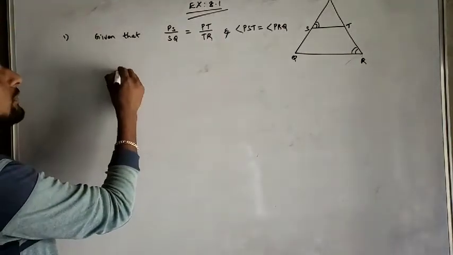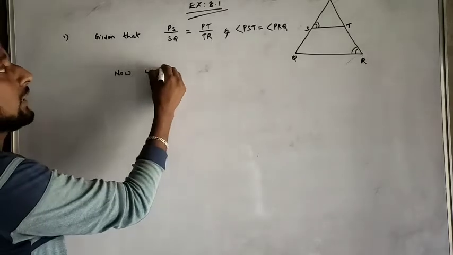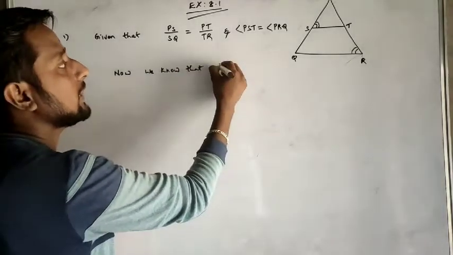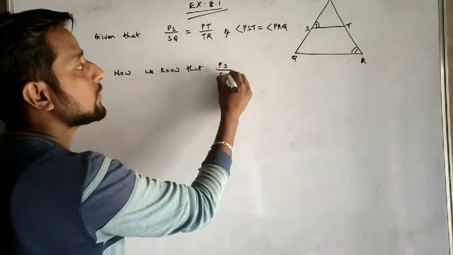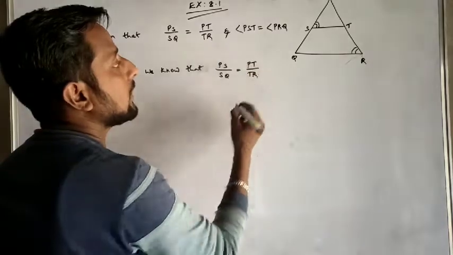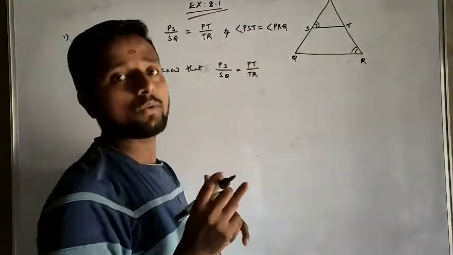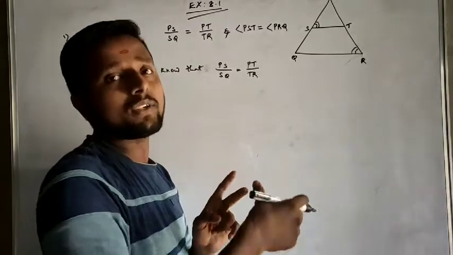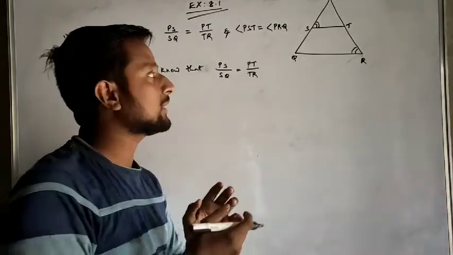So what do we know here? From the information, PS by SQ is equal to PT by TR. Yesterday we discussed two things: the basic proportionality theorem, that is Thales theorem, and the converse of Thales theorem, that means the reverse of the Thales theorem.